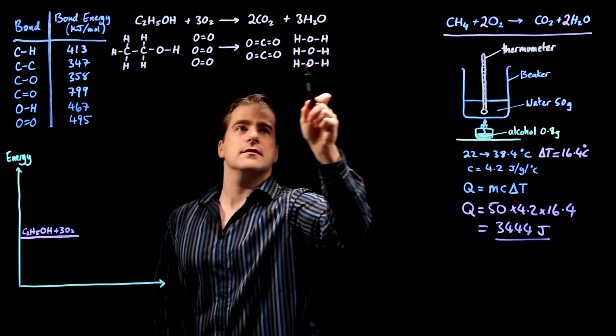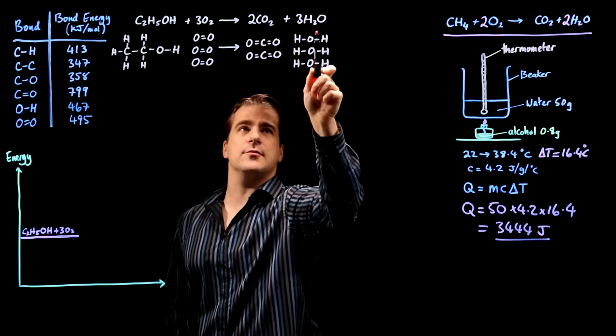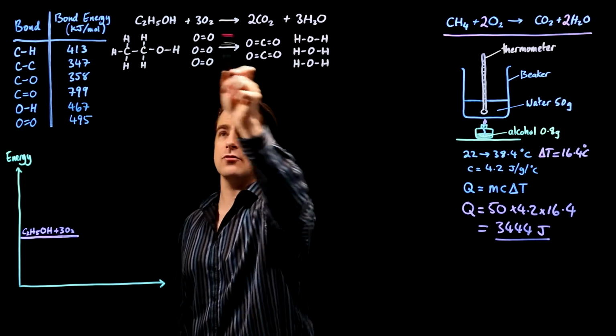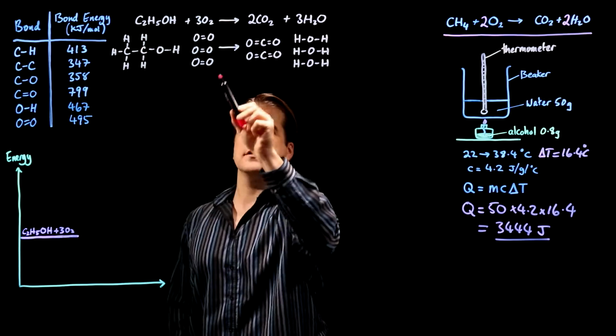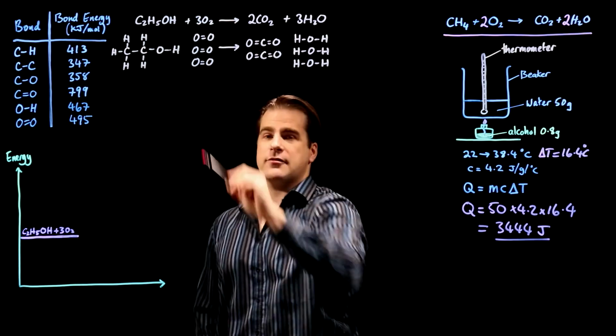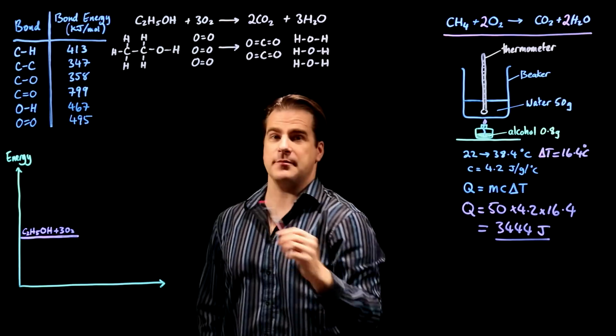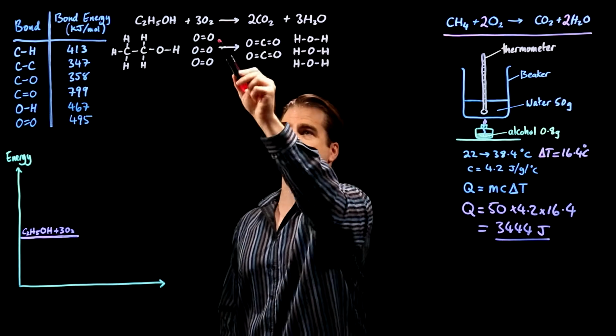So here are the chemical formulas of each of the reactants drawn out. So that's ethanol, that's oxygen, O double bonded to an O, and there's 3 of them, big 3 at the front. That's what the big 3 means. It means 3 O2 molecules, and that's what we've got.